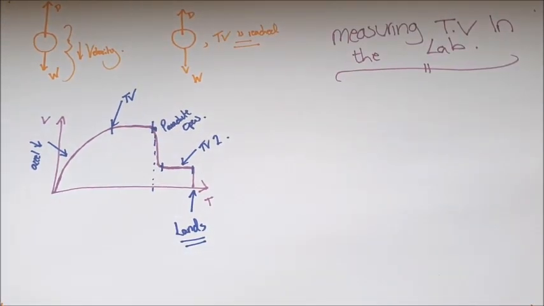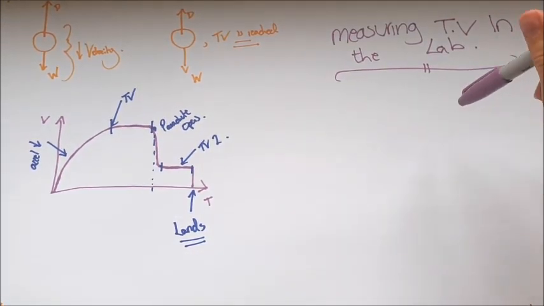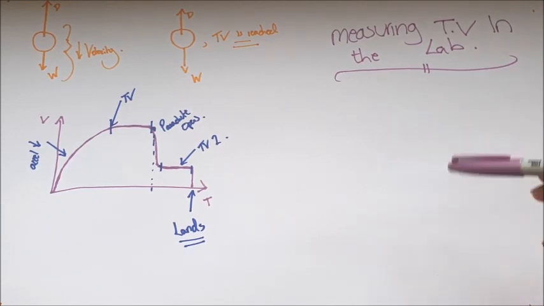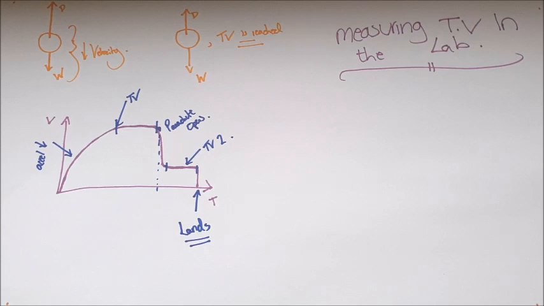You need to know how to measure terminal velocity for an object such as a ball bearing in laboratory conditions with that equipment.